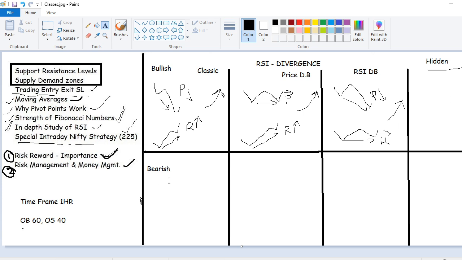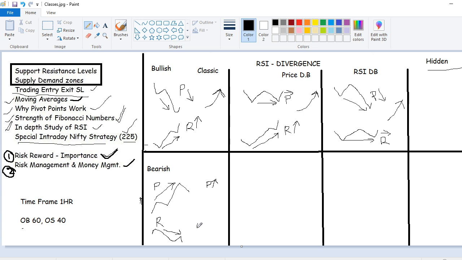Now bearish, what did I say? To check the bearish we need to see the highs. So the stock is making higher highs, an uptrend, classic we are talking about, right? But the RSI is making lower highs. Price is going up but the RSI is coming down.